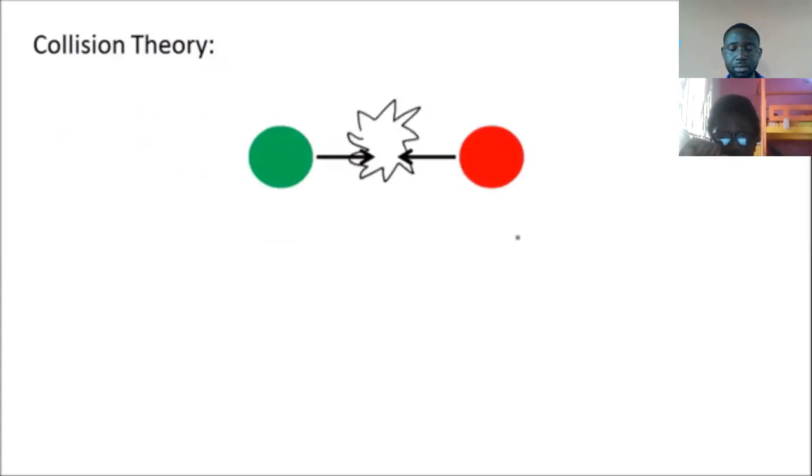The thing is, not every collision leads to a reaction. When they collide, these particles need to have enough energy to cause a reaction. So they need to collide and have sufficient energy. The minimum amount of energy that particles need to react is called the activation energy.